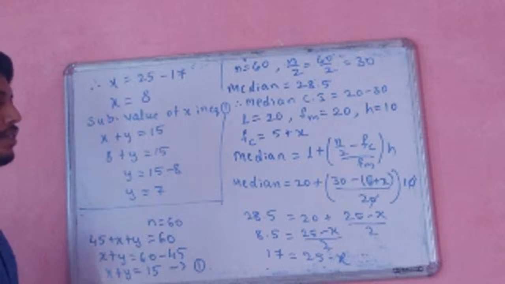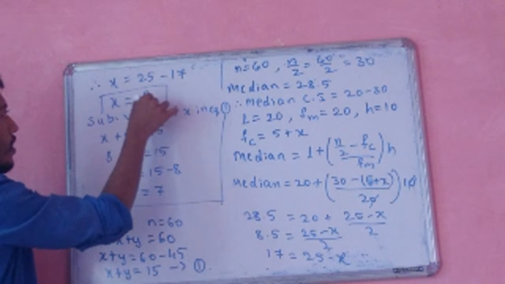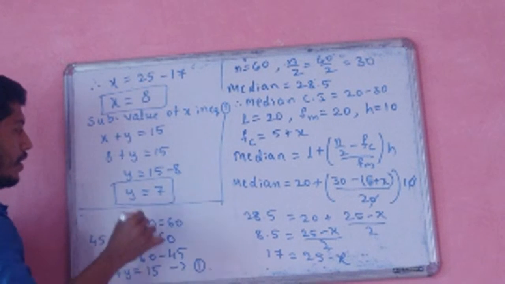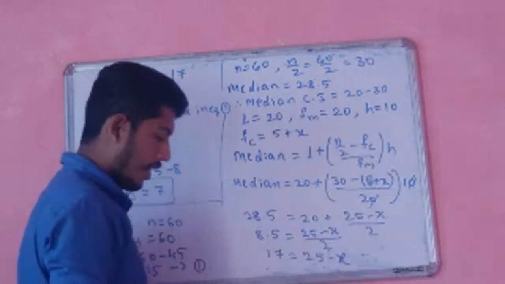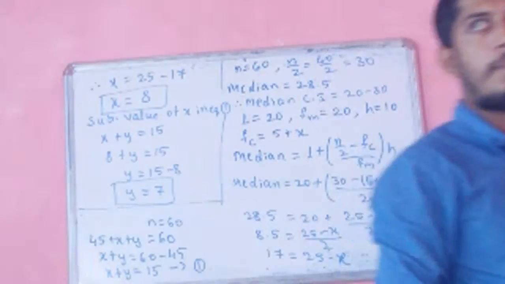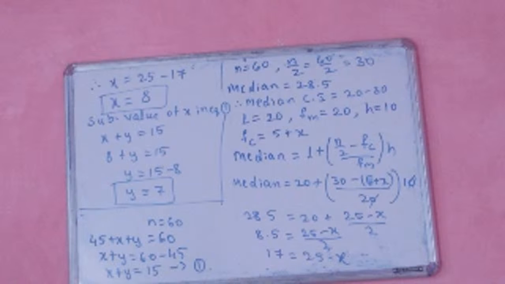So x value is 8 and y value is 7. Just look at the steps. We have to follow all the steps correctly.